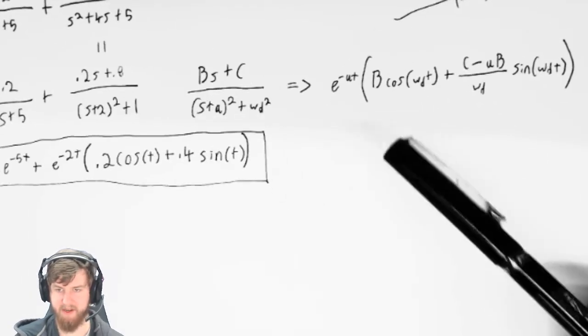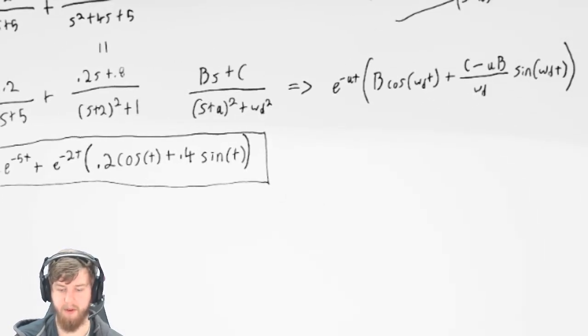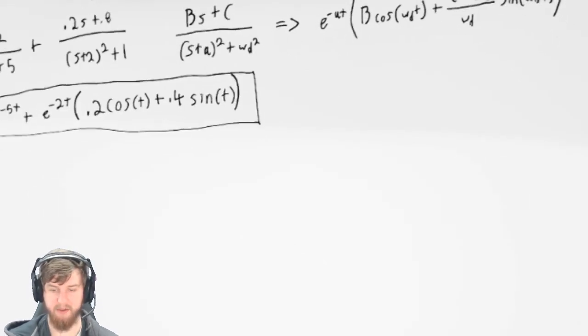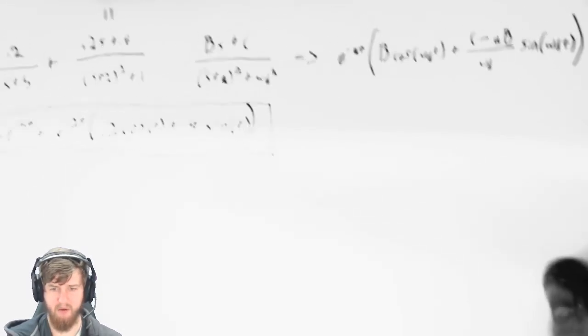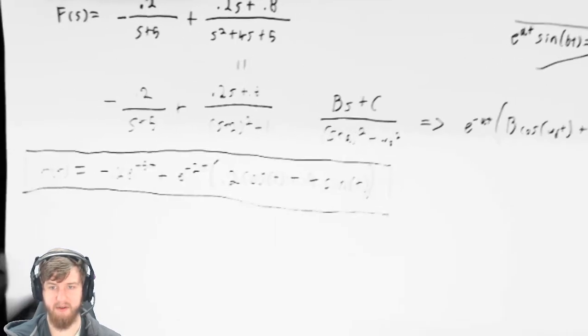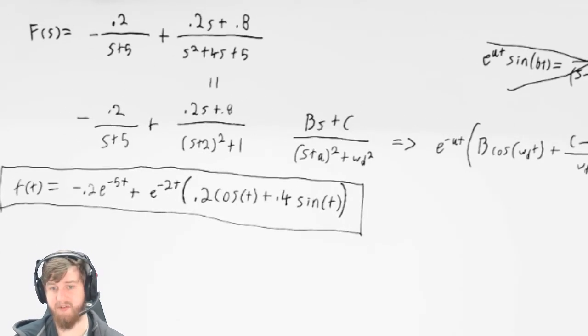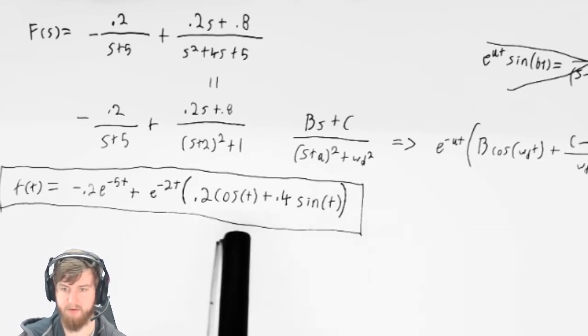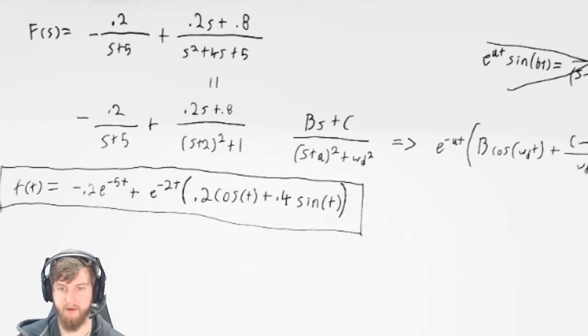And this is the identity that's commonly used for partial fraction decomposition when there's complex roots. So this method is still a lot easier in my opinion than trying to actually pull out the complex numbers and use Euler's equation to get back to your trigonometric functions here. So yeah, not too bad.